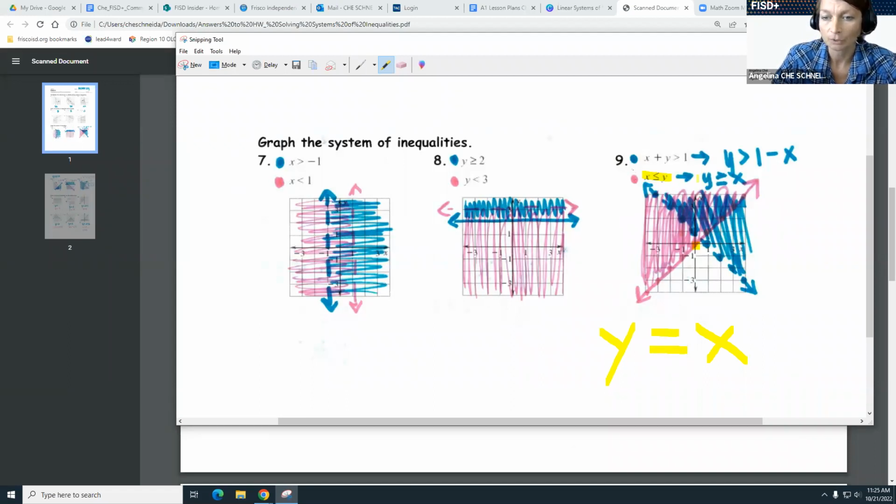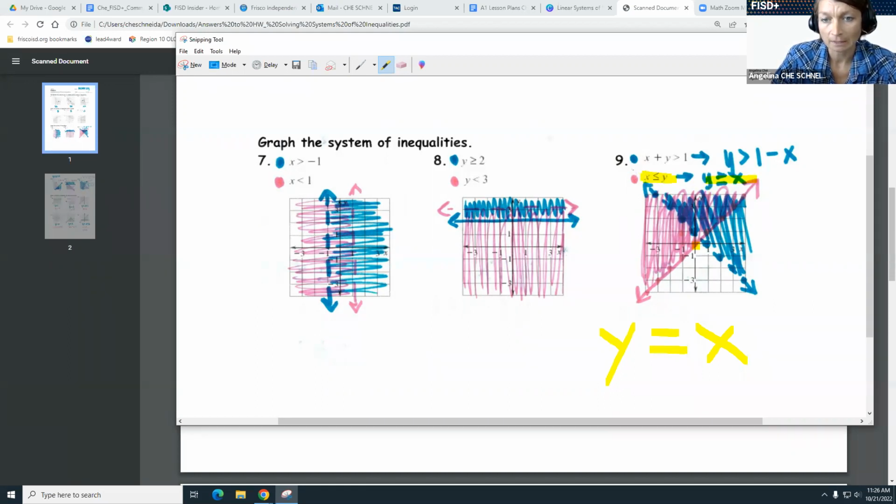So then you decide which way to shade. Pick a point. Let's say 0, comma 5. That would be on the y-axis. And you plug in your 0 and 5 accordingly and see what makes sense. It doesn't matter whether you plug it into the one that was given or into the one that was rewritten.